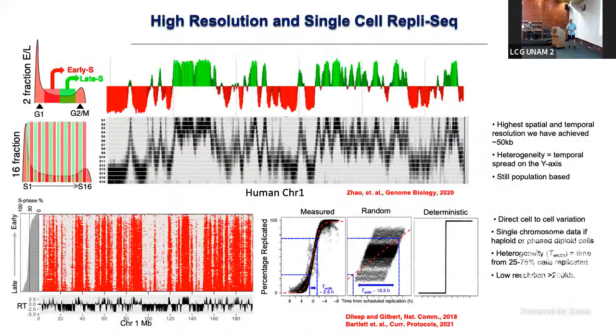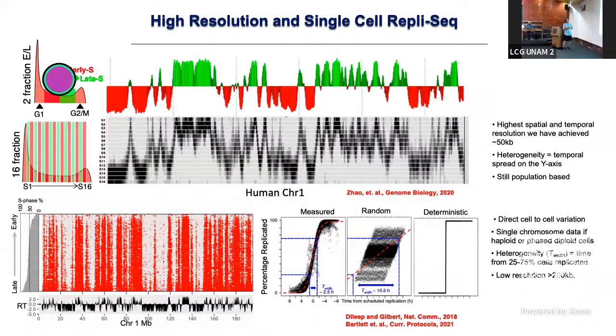Moving on. More recently, we've developed higher resolution and single cell methods to measure replication timing. What's shown here is our high resolution RepliSeq. Very simply, we prepare the cells the same way as for what we call the E over L, or log2 ratio, method. But instead we sort 16 fractions of S phase.